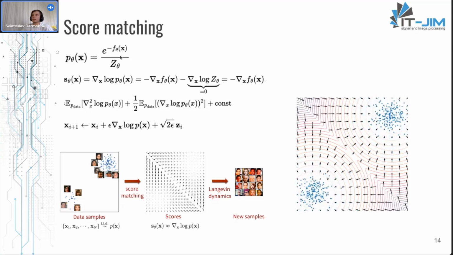So here we have the same definition with the energy function and this term Z, but here, instead of the simple probability p, we learn the gradient of its logarithm. And taking the gradient of this function over x, we will negate this term that is intractable and does not allow us to calculate a proper distribution.